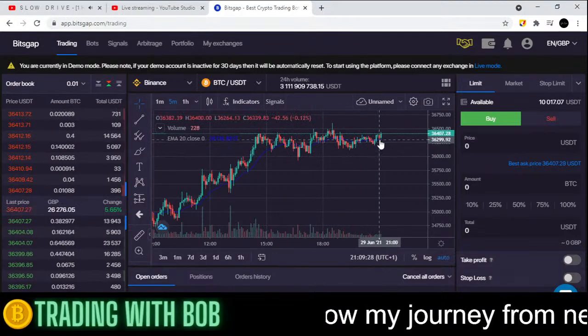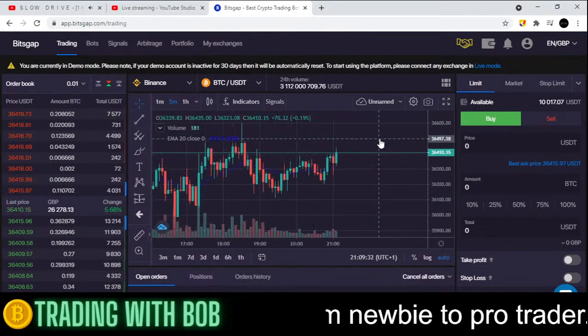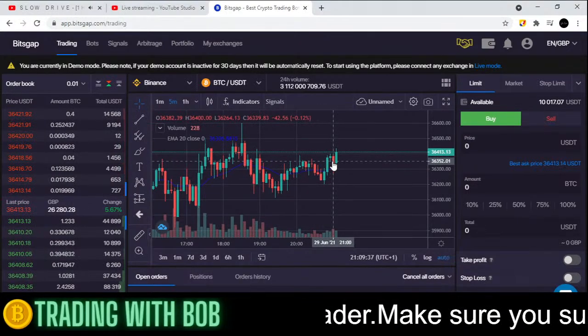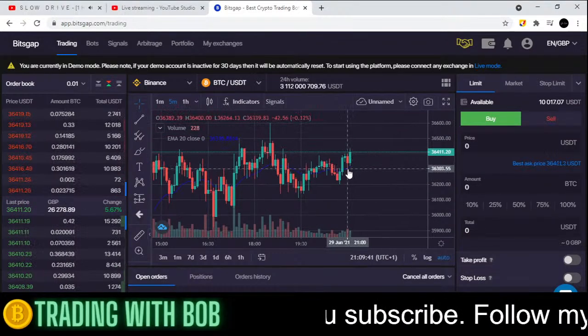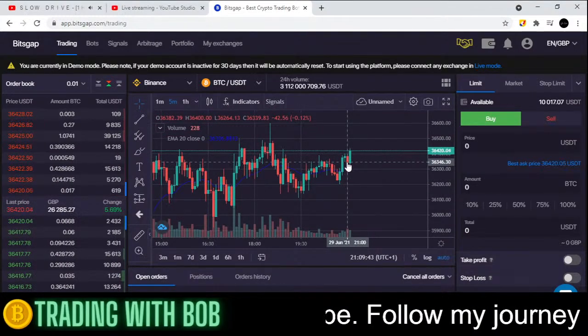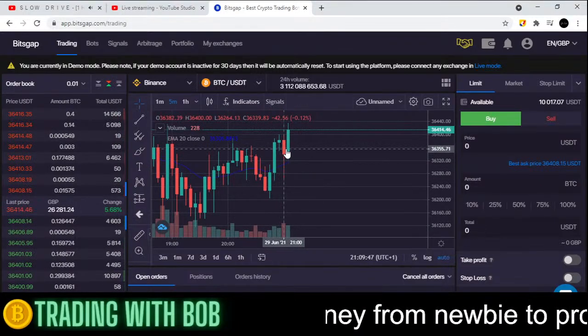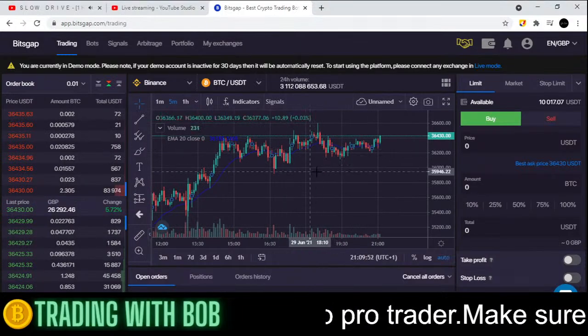So to determine if a pattern is high quality, you have to look at the location of it. This is in the wrong location, therefore it doesn't indicate anything. There we go. It still doesn't indicate anything actually.